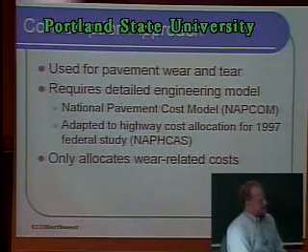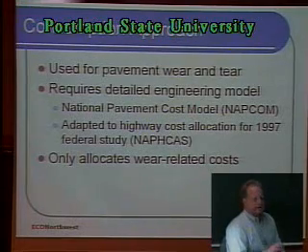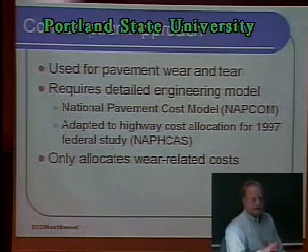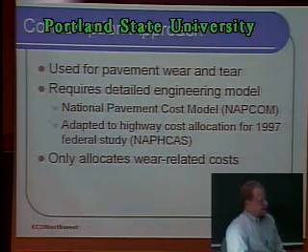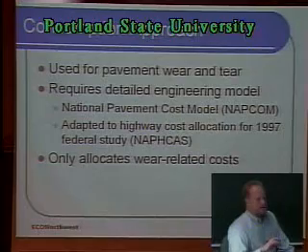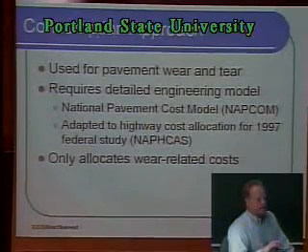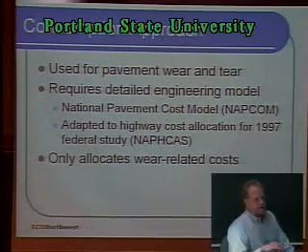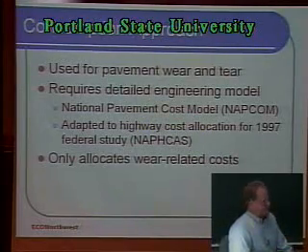And it's a very detailed model. It looks at all the different types of deterioration that can occur in pavement, cracking and spalling and rutting and so on, and figures out how different mixes of traffic of different weights damage the pavement, taking into account things like freezing and thawing and so on.